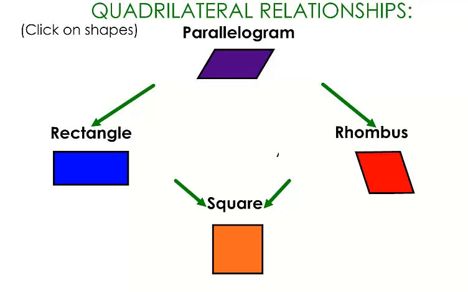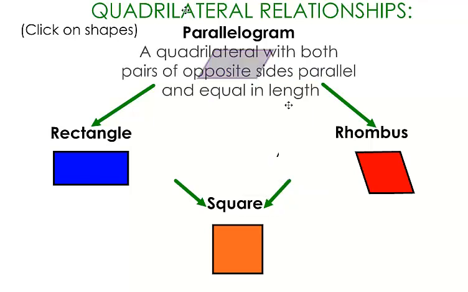So here we have a little diagram to help us look at the relationships. First of all, our shapes here are parallelograms. And a parallelogram is a quadrilateral with both pairs of opposite sides parallel and congruent.